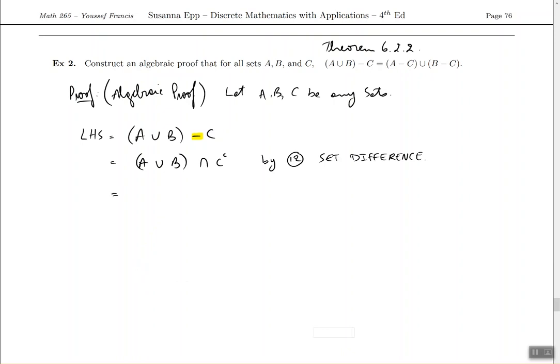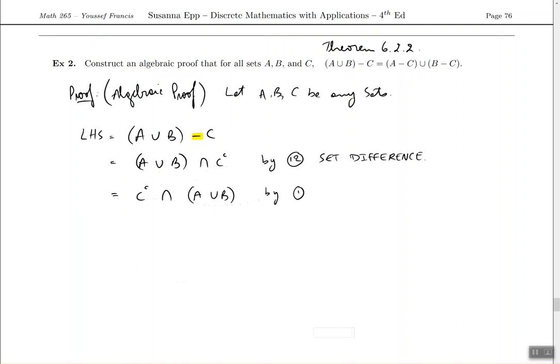Now, since I was able to rewrite the problem, I'm going to try to use another property that I can see from the table. There are 11 with unions and intersections and so on. But I will go ahead and choose property number 1 right now to rewrite this expression. I would like to have the C complement first, intersected with A union B. Okay, this is in preparation for what I want to do later on afterwards.